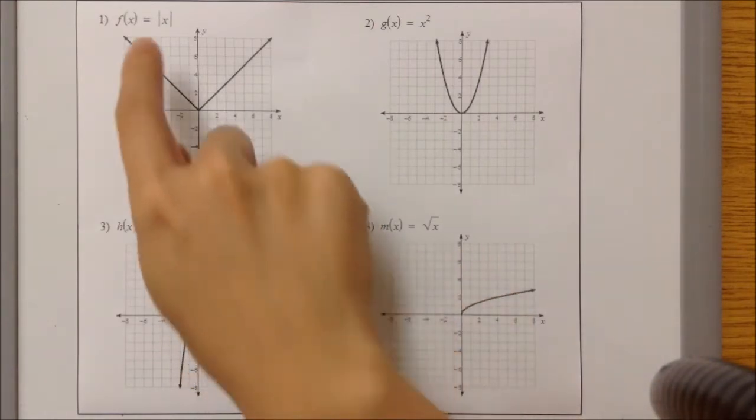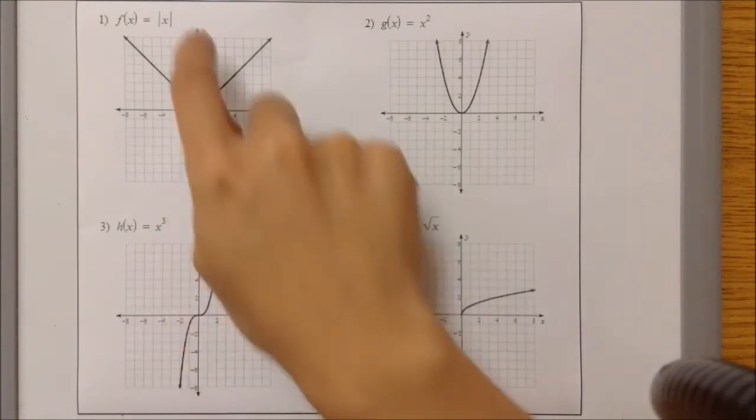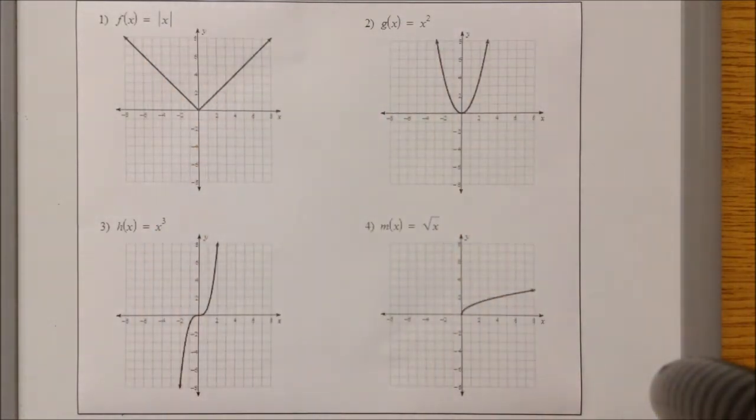Again, there are no numbers within the function, and there are no numbers after the variable x. So if there are no numbers in the front, within, or after the x, then there are no transformations. These are what the parent functions look like, or the original functions.